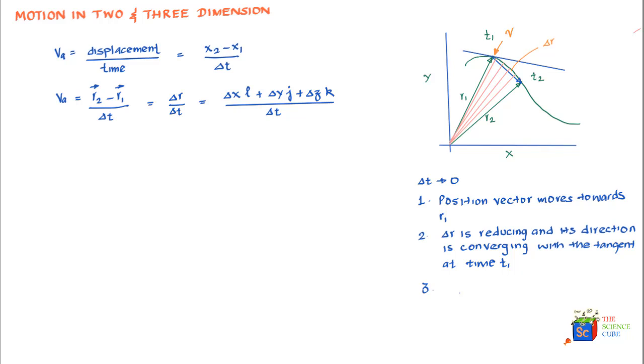So we can write that when delta t tends towards 0, the average velocity reaches its limiting value, and that is called the instantaneous velocity, and in mathematical terms it's shown as dr upon dt.